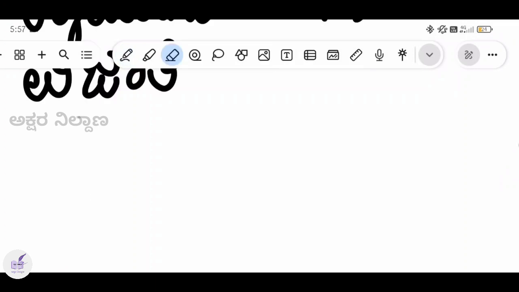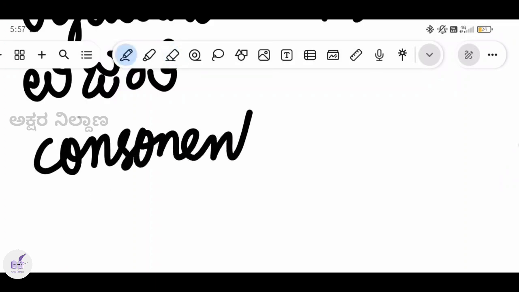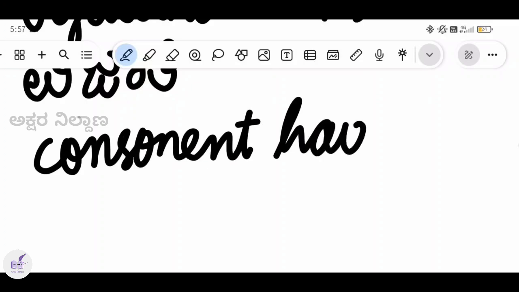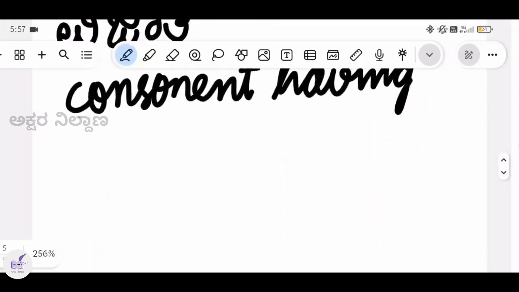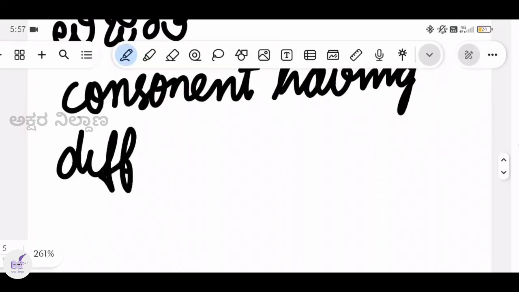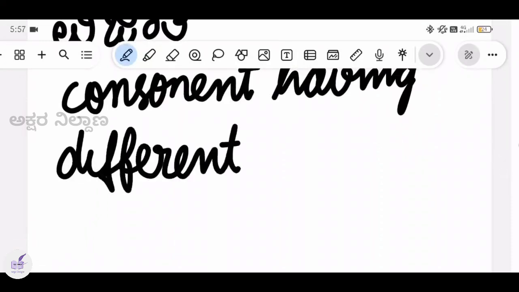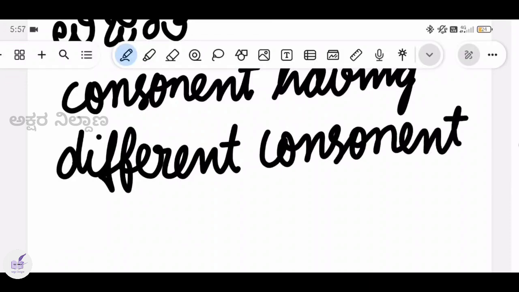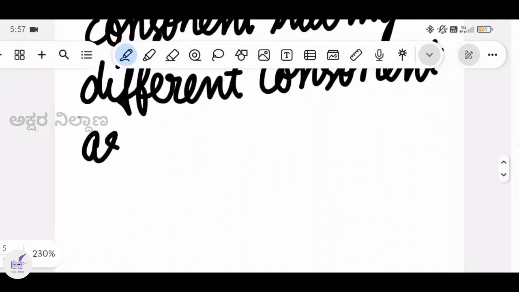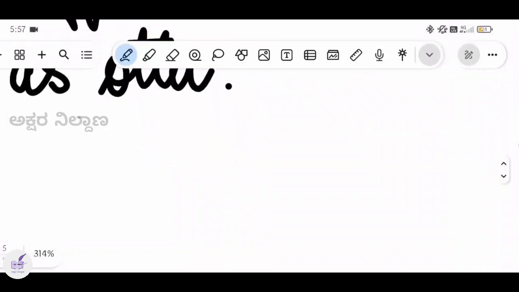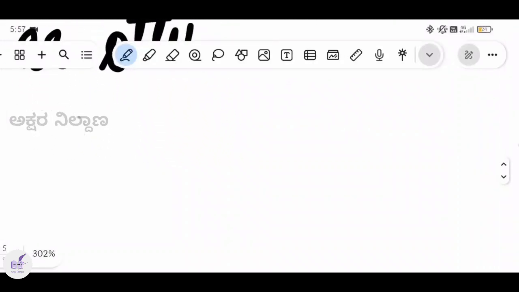Write down the definition. Consonant having different consonant as Vattu. Then it is called as Vijati Vattakshara.